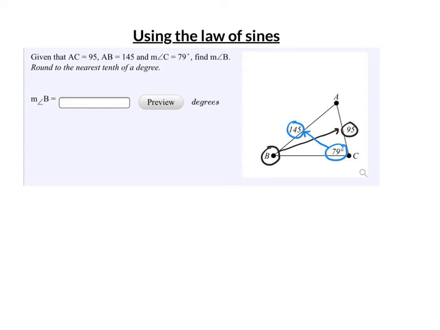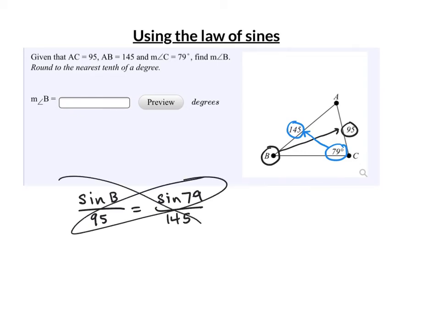So for our purposes, it'll be the sine of B over its opposite, 95, equals the sine of 79 over its opposite, 145. Just like in the last example, we'll cross multiply. 145 times the sine of B equals 95 times the sine of 79.